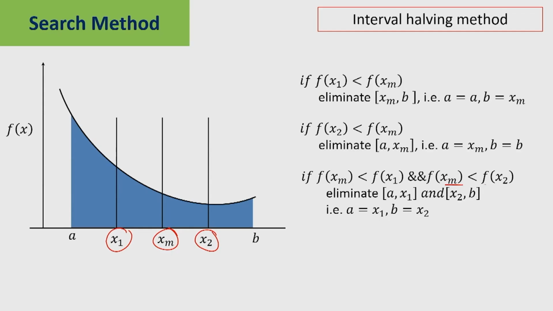So, after taking these 3 points, one of these is condition 1, this is condition 2 and this is condition 3. If the first condition is true, that means f of x 1 is less than f of x m, then you will eliminate the region x m b.